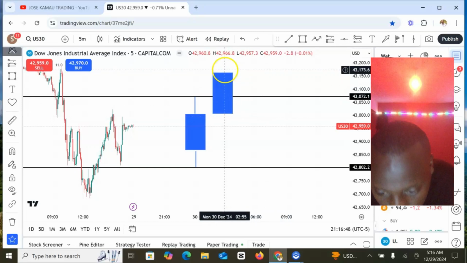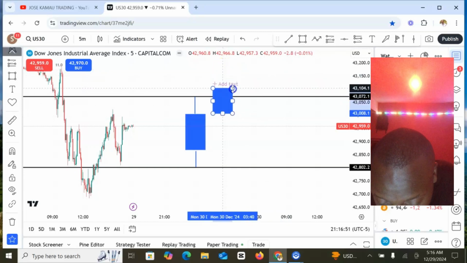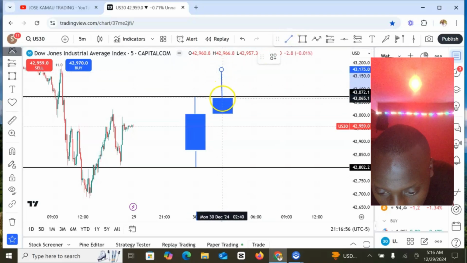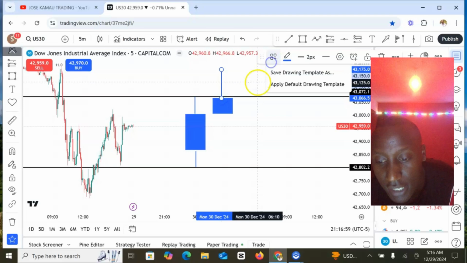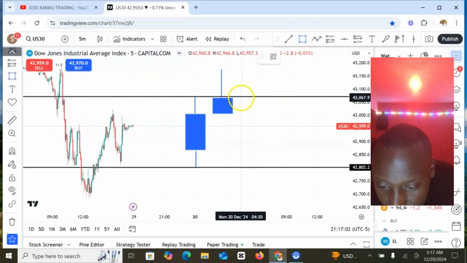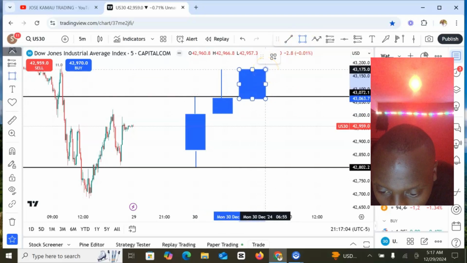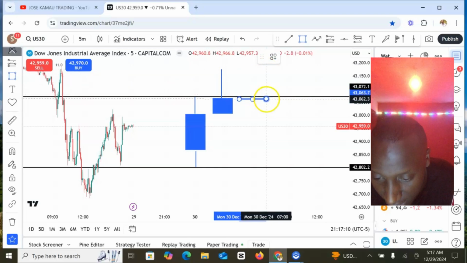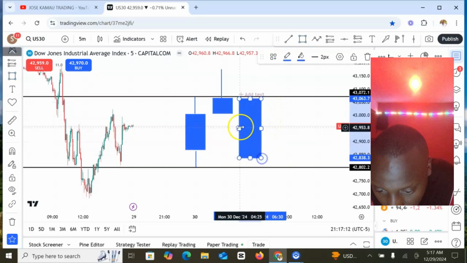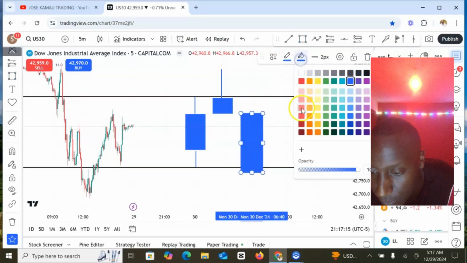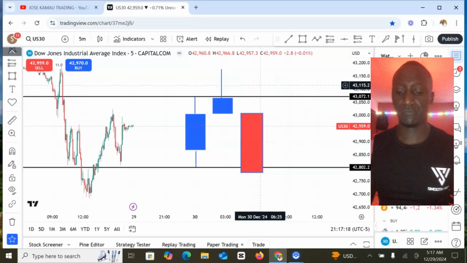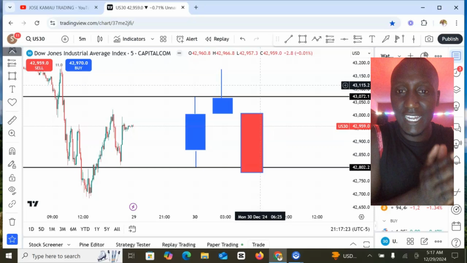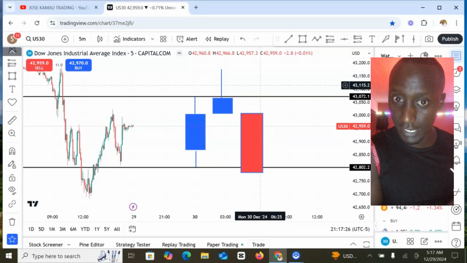And if Tuesday breaks out, but it's pushed back down, and it closes as a hammer or a hanging man or like that, this is showing you that at some point price was very strong, but it was pushed back down. So that is a sign of weakness. And so it means that expect the next candle to go down. It's as simple as that. That is how we use the weekly cycle to predict where the next daily candle is headed.